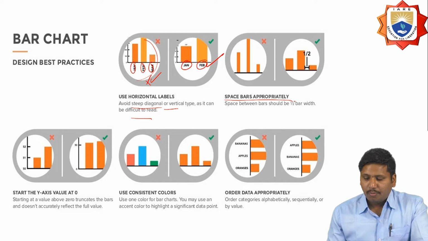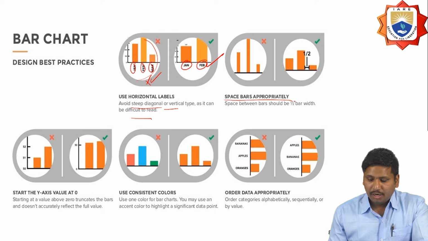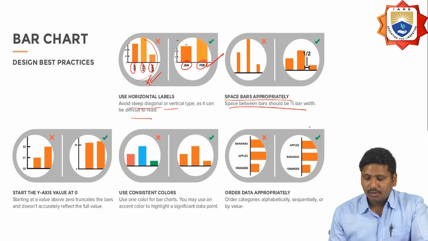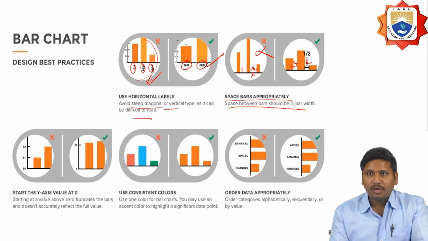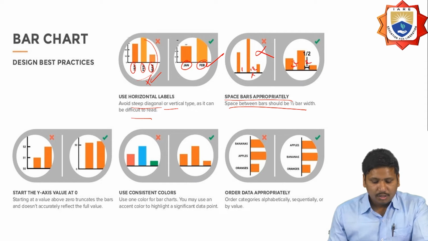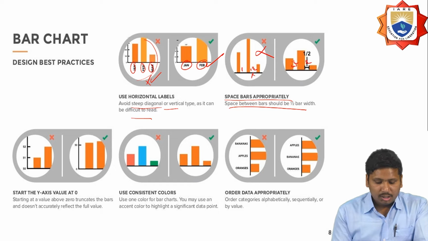Space bars appropriately. Space bars appropriately means the space between the bars should be half a bar width. Half bar width has to be maintained. So if the bar is one, the spacing should look like 1.5. Otherwise it is not suitable, so maintain this all the time. Maintain half-inch distance from one bar to another bar, and start the y-axis value at 0.